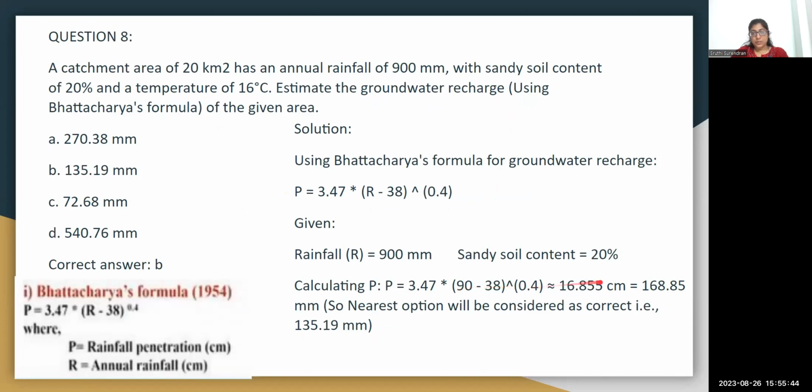Directly substituting into this, you are getting 16.855 centimeters, which when converted to millimeters is 168.55. But none of the options here is 168.55. So it is the option that is nearest to this value. You can choose that option as the answer, which is 135.19, option B.